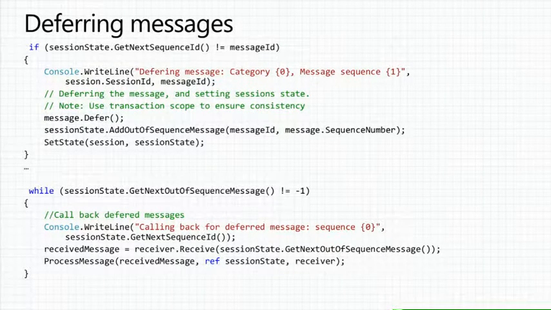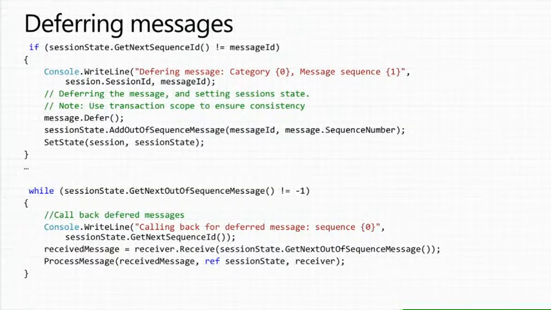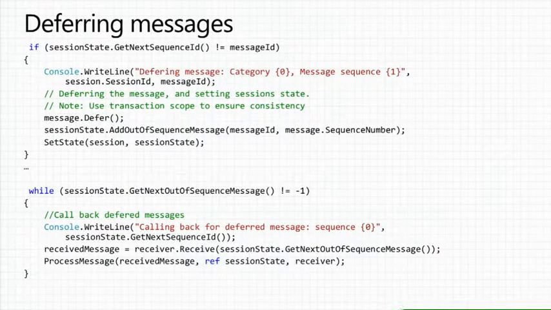You can do that transactionally. So you can include that in the transaction scope, and you can complete the message and set the state in the scope of a single transaction so you don't lose that message, which means process the message, complete it, set the state. If we don't succeed in completing or setting the state in the system, then you will actually see that message again, because it will be subject to the normal peek lock.